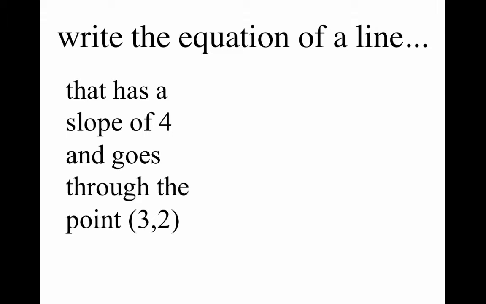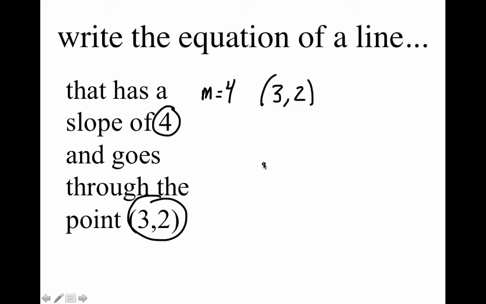So the way we would do this is we would identify our slope. It's given to us in the problem, so m equals 4. Identify the point, 3 comma 2, given to us in the problem. And now I'm going to write down the equation of a line in point slope, y minus y1 equals m times x minus x1.